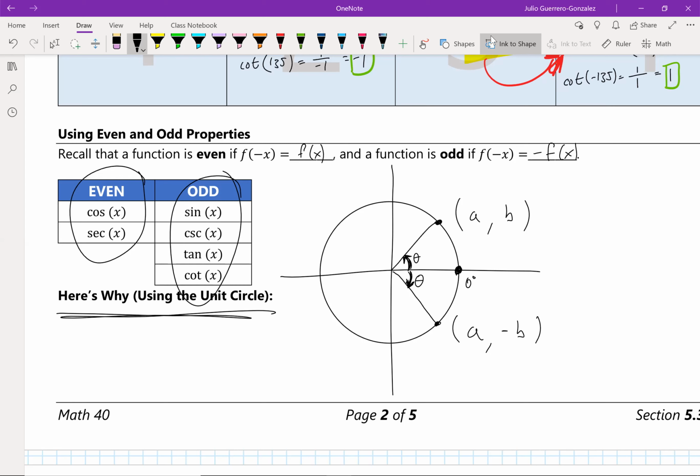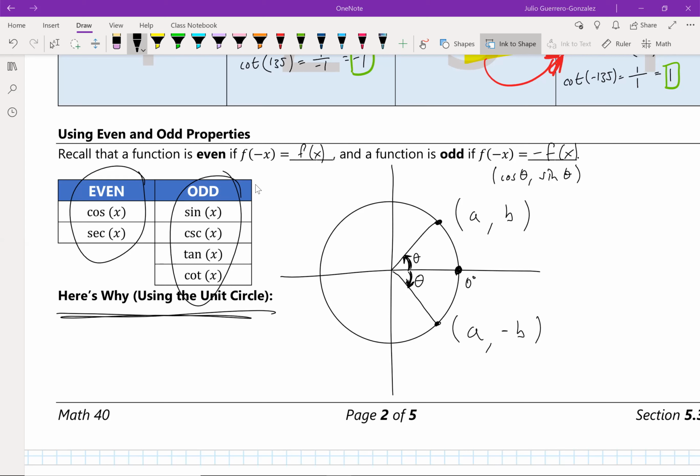And it turns out, just how I said, when we look at coordinates, cosine of theta is the x, and sine of theta is the y. This in itself proves why we have even and odd functions.